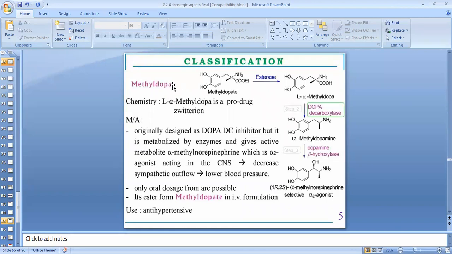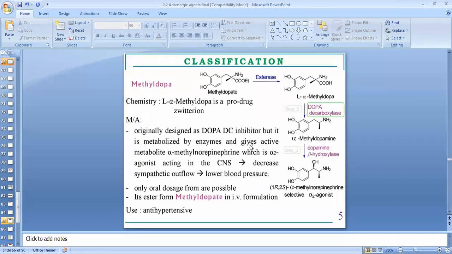See, methyl dopa, through the enzymatic reactions in our body, is converted into our main moiety, that is beta phenyl ethanolamines, or its structure is converted similar to that of catecholamines. That's why this methyl dopa can act as a selective alpha 2 agonist.